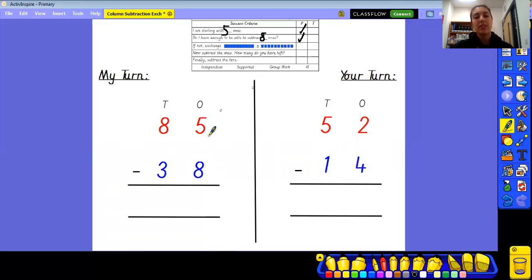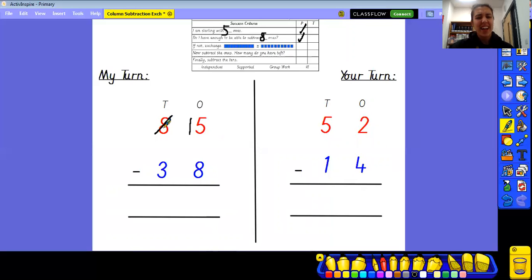So what do I need to do? I need to get myself some more ones. Where do those ones come from? That's right, I need to exchange one of my tens into 10 ones. So I'm going to take one of my tens away from my tens column and put it into my ones column.